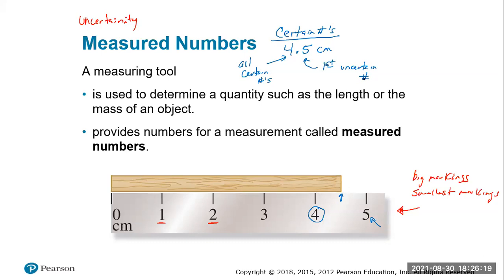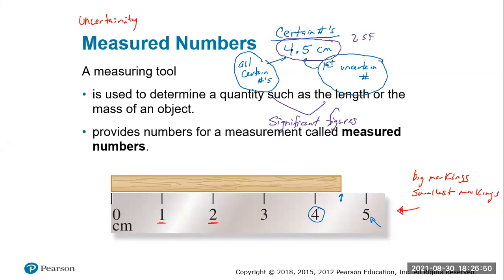So always when you take a measurement, you should record all the certain numbers plus that very first uncertain number. And when you do that, that is what we call significant figures. If I asked you how many significant figures there are in this particular measurement, you should answer 2 significant figures. The 4 and the 5 are significant. Where does the uncertainty lie in this measurement?